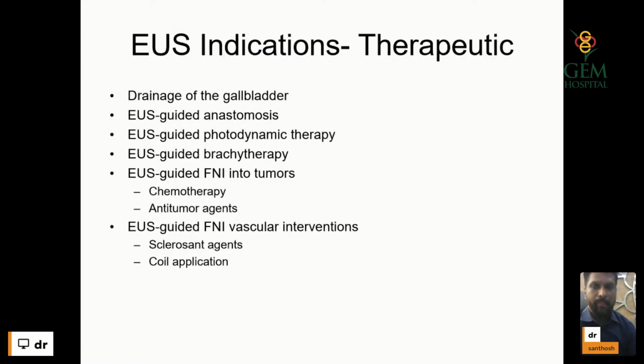We can use EUS-guided interventions in patients with pancreatic necrosis, and any vascular intervention, like application of coils or sclerosing agents, especially in varices like fundal varices.